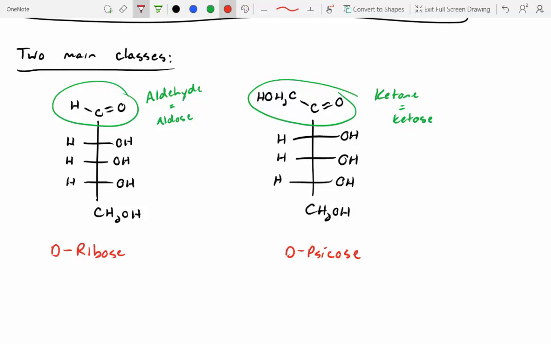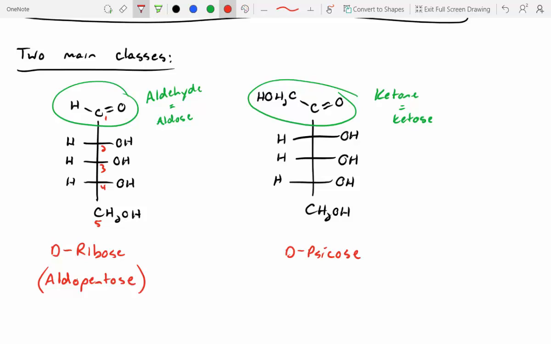We can also identify these as generic carbohydrate classes. If we look at this one, we've got a backbone that's 1, 2, 3, 4, 5 carbon long. This would also be identified as an aldopentose. An aldopentose is just any variant that has a 5 carbon backbone and an aldehyde head.